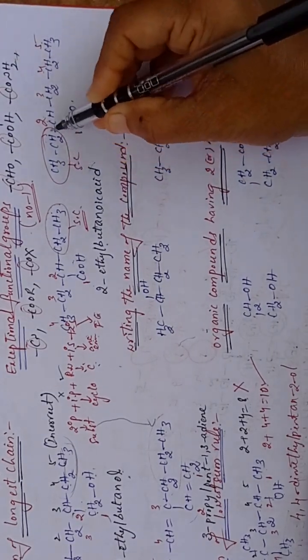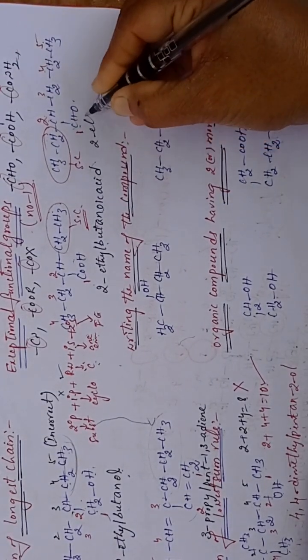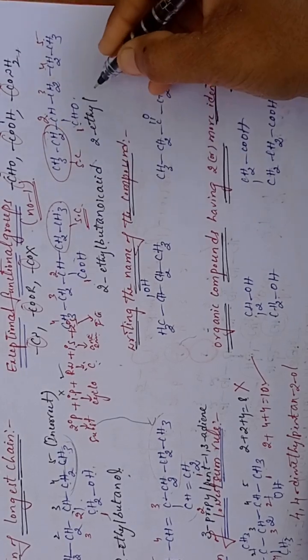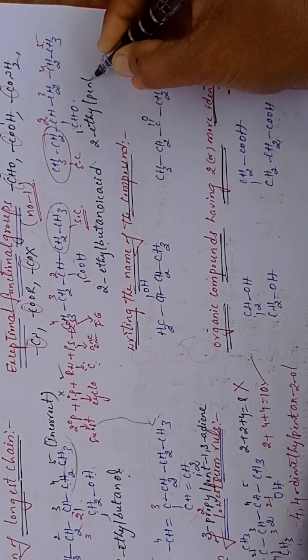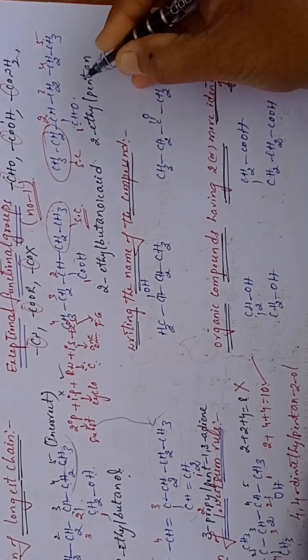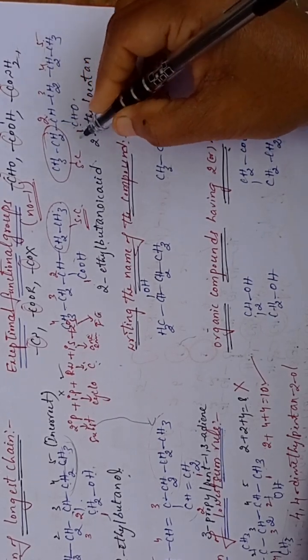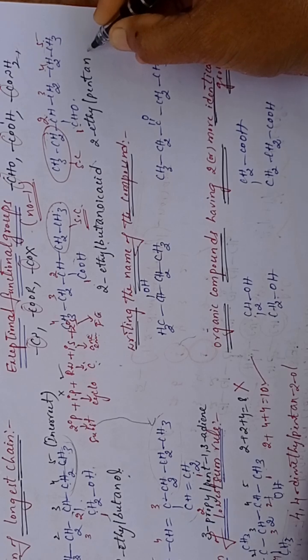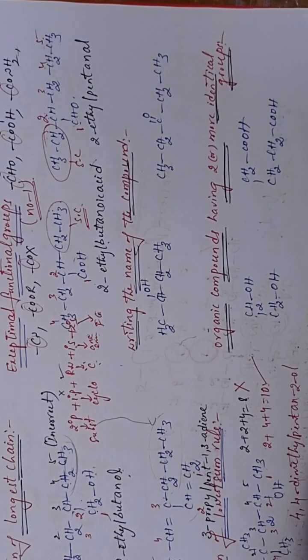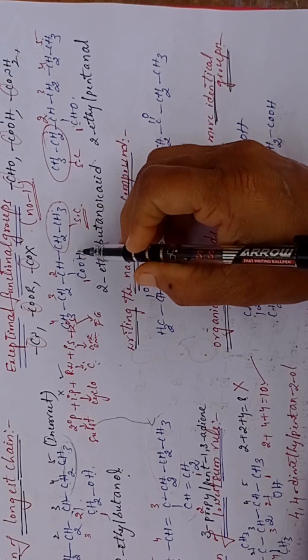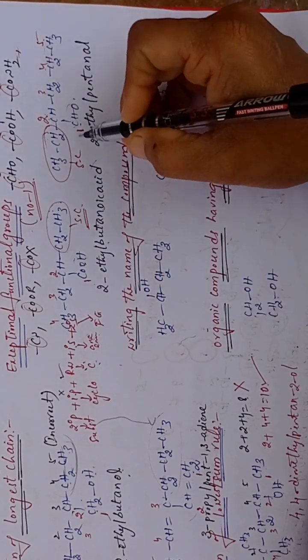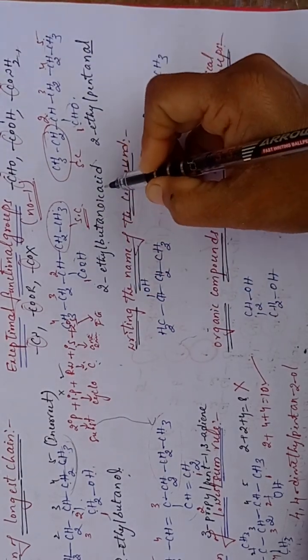The substituent is attached to the second carbon: 2-ethyl. Total 5 carbon atoms means pent. All are single bonds, so ane, and E is replaced by the secondary suffix. The CHO group is there, and the suffix name is al, students. Understanding? So COOH is oic acid, and if CHO is there, we have to use al.